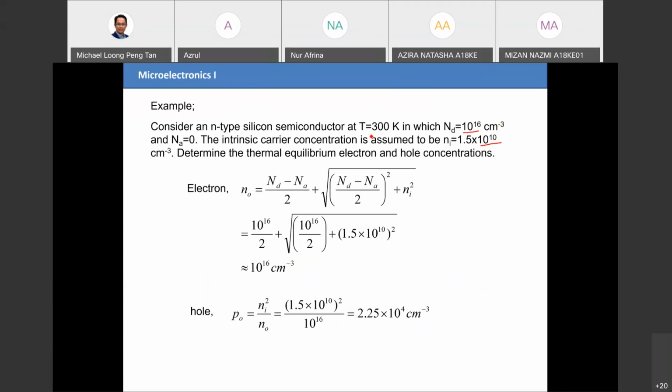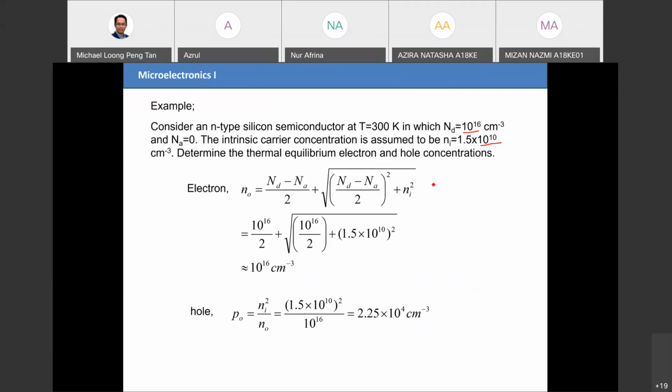ND minus NA, 10 to the power 16 minus 10 to the power 10, divided by 2. You see, in this situation I can say that it's quite small because this is 6 orders of magnitude more than here.